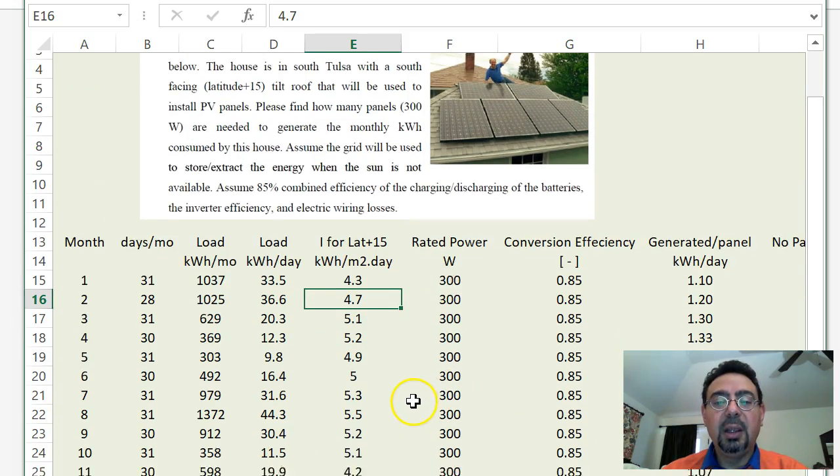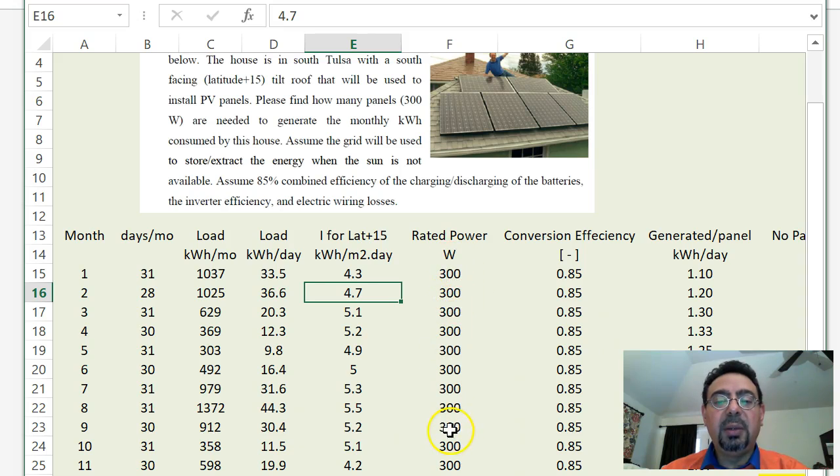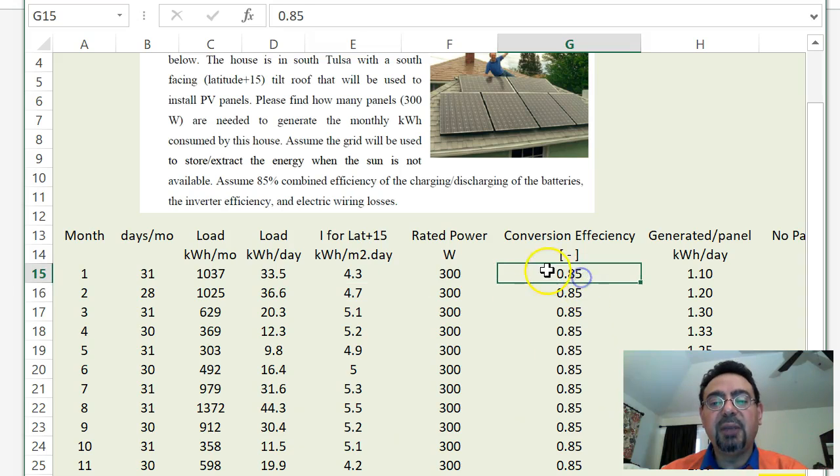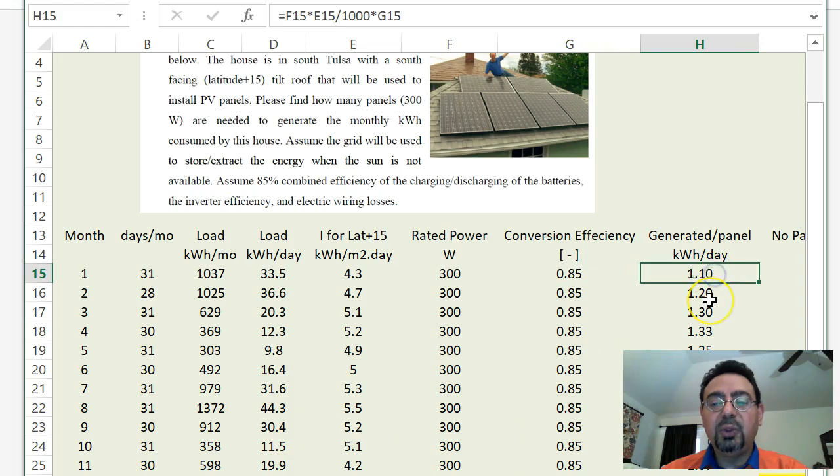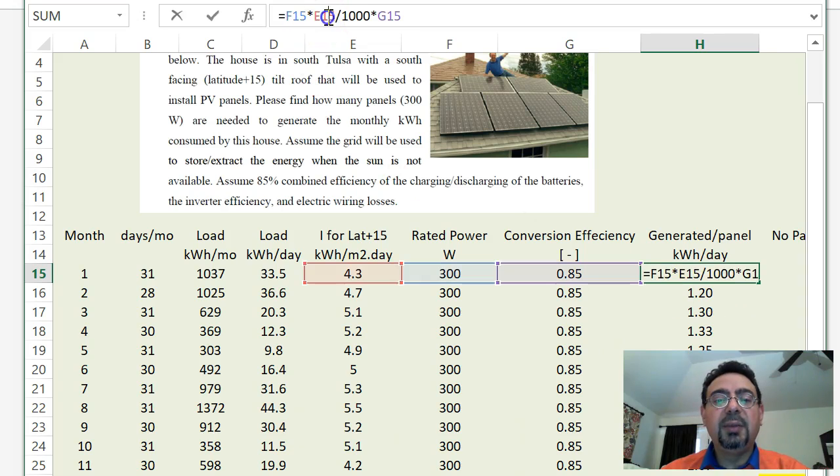tilt. Alright, so here is the rated power of each panel. He said the combined efficiency of all the battery storage and conversion and the wiring and the inverter efficiency, everything is 85. So comes the formula to calculate how much we will generate from each panel, right? And what is the formula?